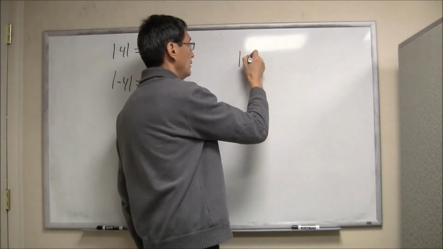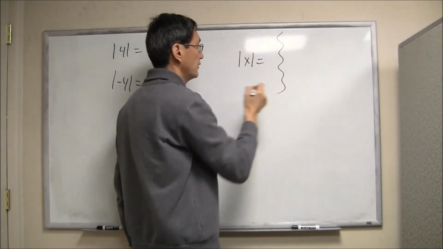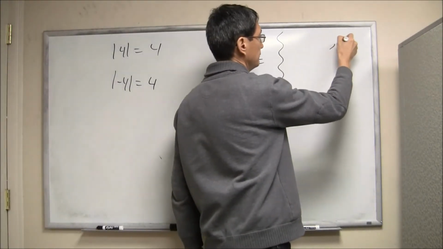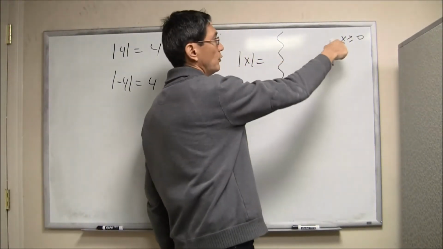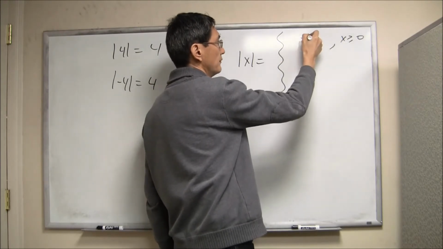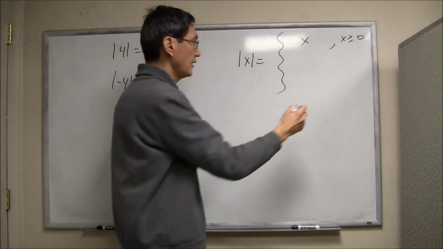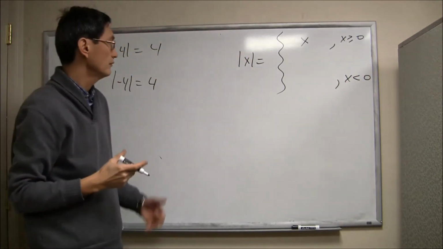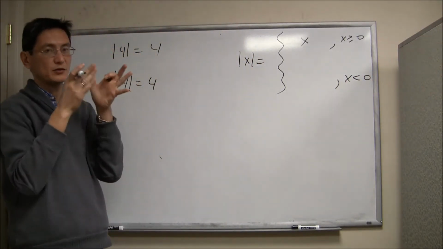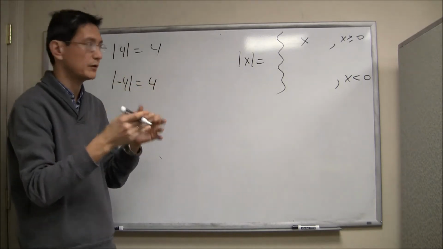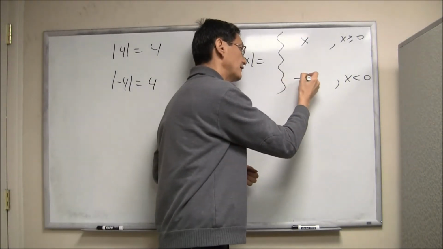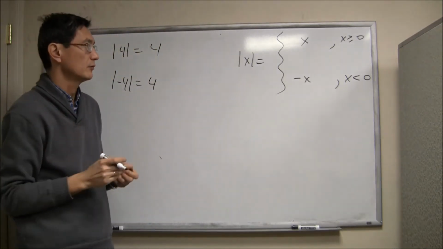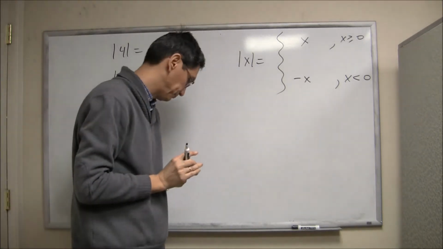So I'm going to be using a definition by cases for the function. If x is positive or 0, then the absolute value is the number itself. If the number is negative, then I want to take only the magnitude of that number. I'm going to say negative x, because negating a negative number, I'm going to get a positive number. That's what I will be doing.